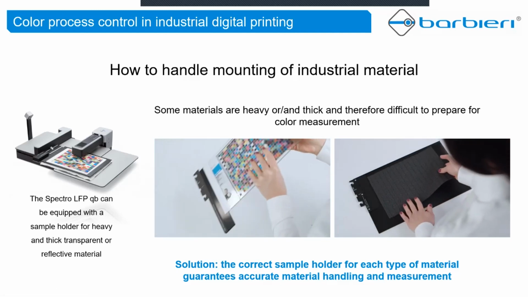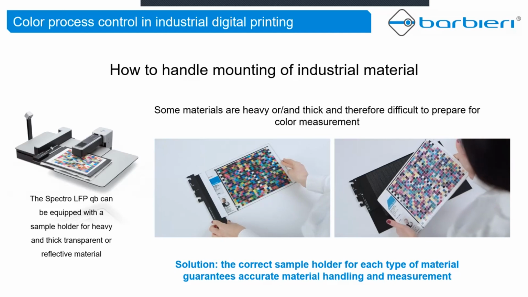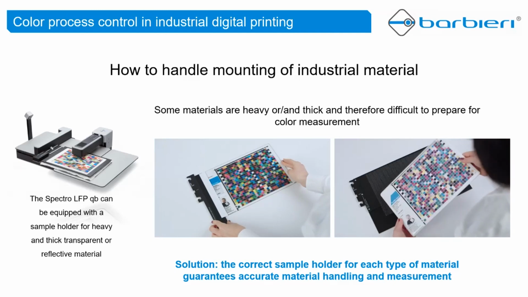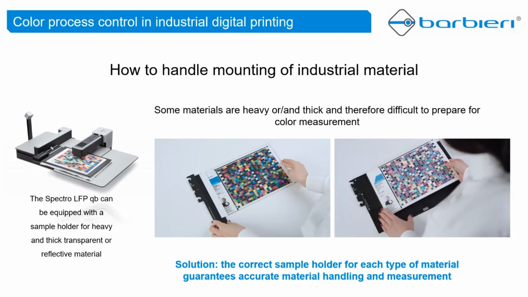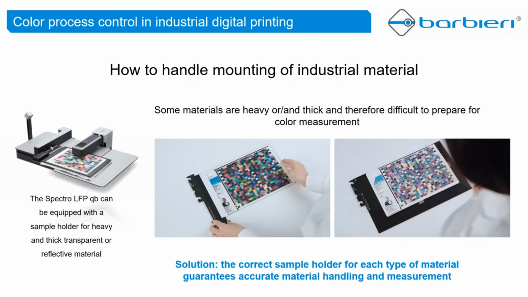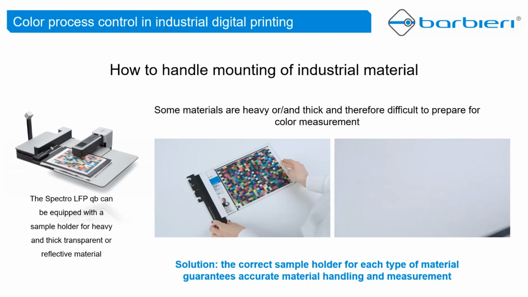The sample holder is prepared. And then, for example, we have a heavy piece of ceramic, which is fixed to the sample holder, placed in the right position, put with the magnet so that it doesn't move, and then it can be mounted easily to the Spectral LFP-QB.